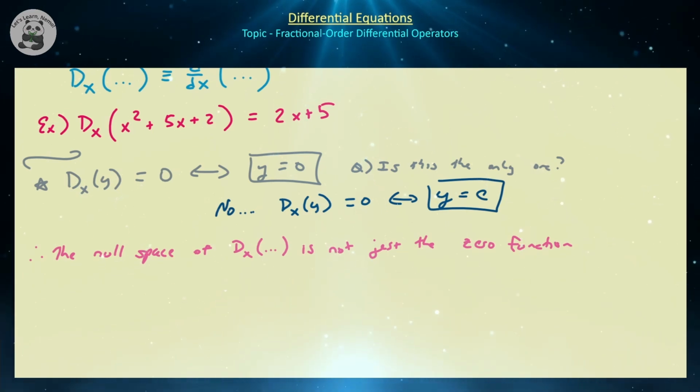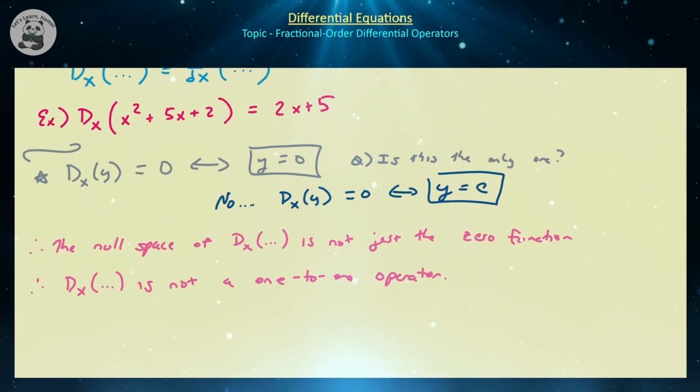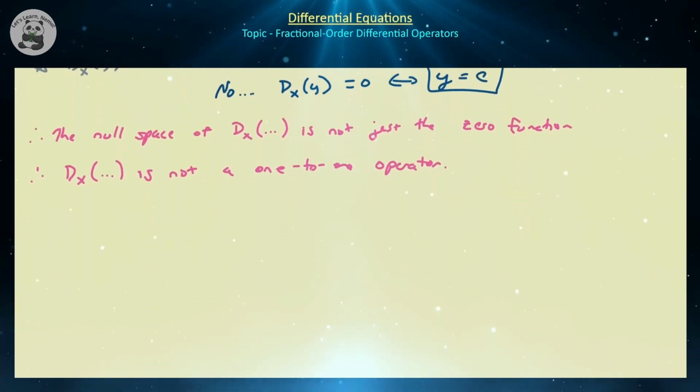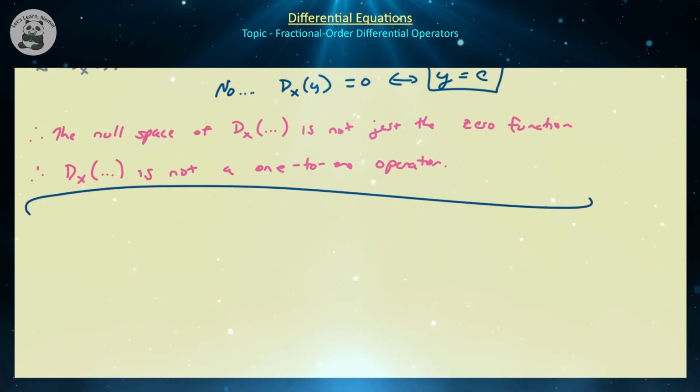And since the differential operator does not only have the 0 vector in its null space, that means that this operator or matrix is not a one-to-one operator. And this is going to be very, very important for some of the concepts that I'm going to be talking about today. So, if it's not one-to-one, how would one even begin to define the inverse of this operator?